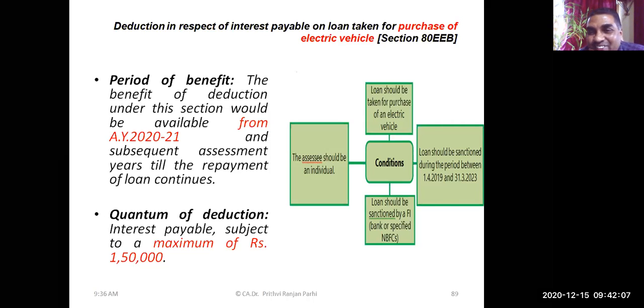Okay. And here you see the loan should be sanctioned during the period 1/4/2019 to 31/3/2023, if some electric vehicle is purchased. Then the deduction is allowed maximum up to rupees 1,50,000.